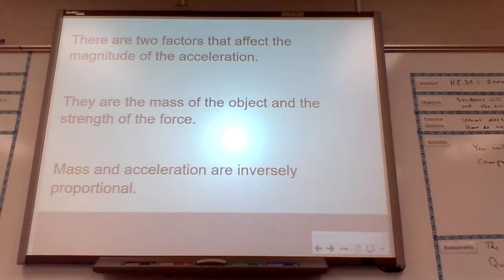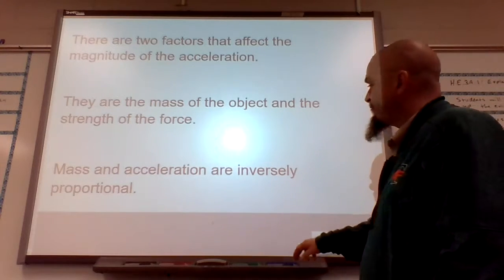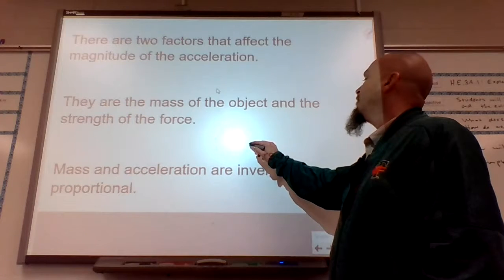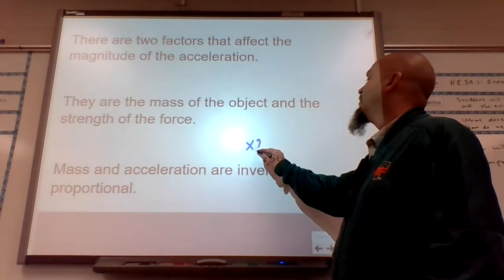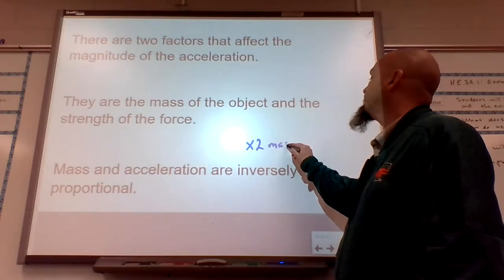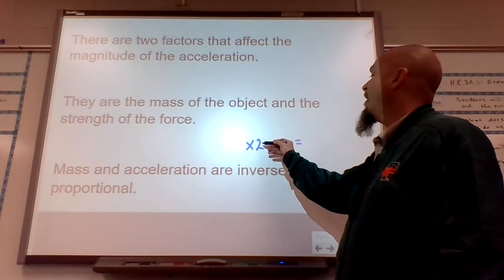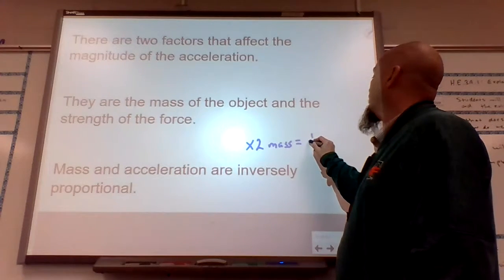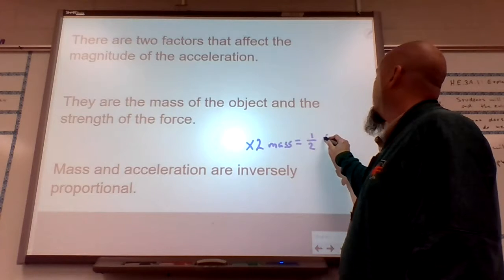Mass and acceleration are inversely proportional. Inversely proportional means they change in the opposite way. They are the inverse of one another. So if I have 2 times the mass, I will have the inverse of that, or 1/2, the acceleration.